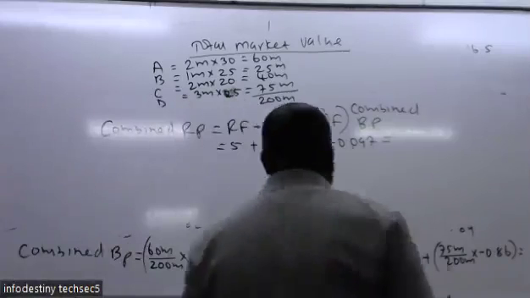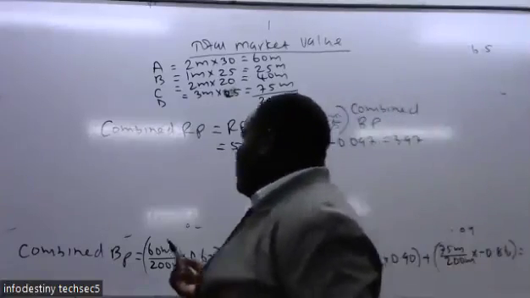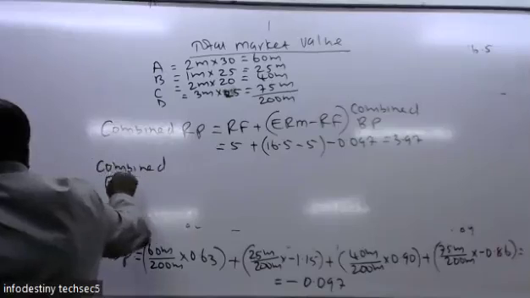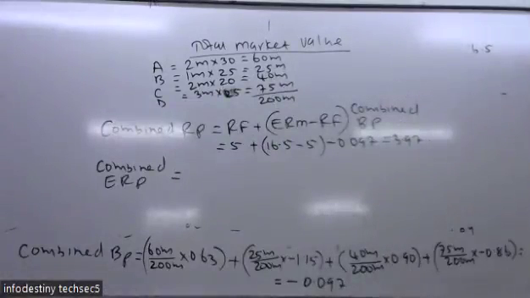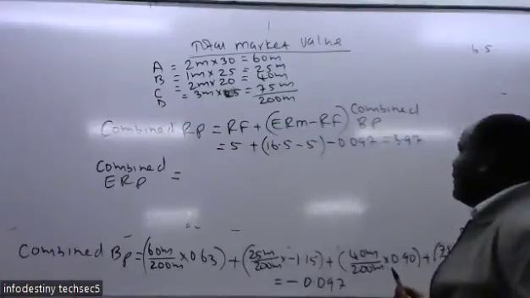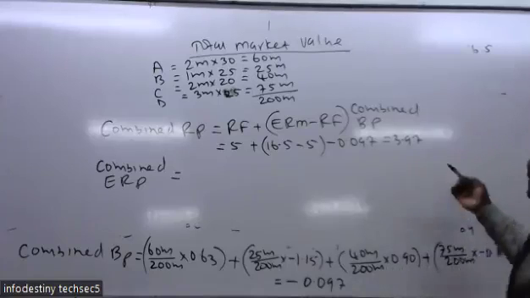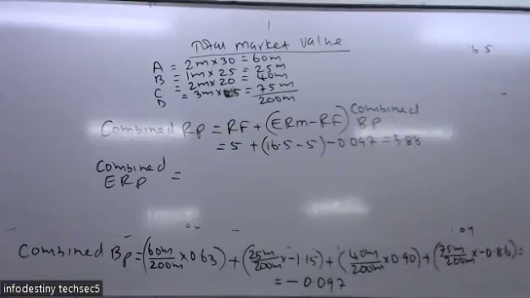So we get 3.88. When you round off to 2 decimal places, that's now our combined return for the portfolio.